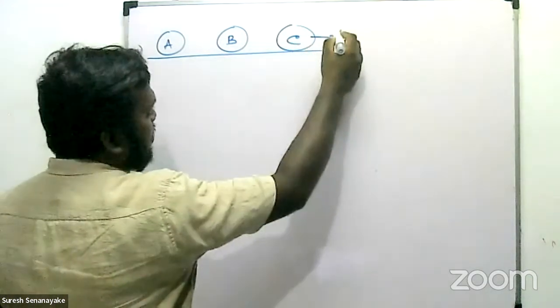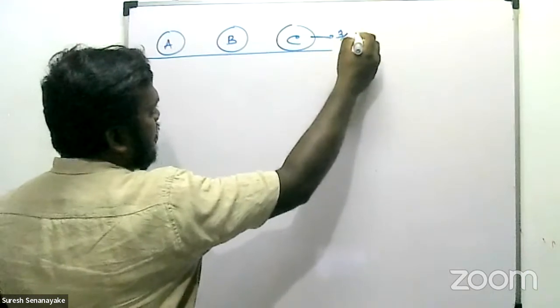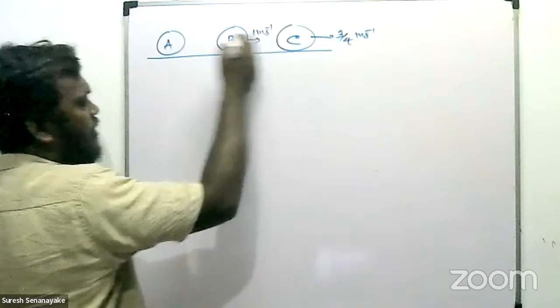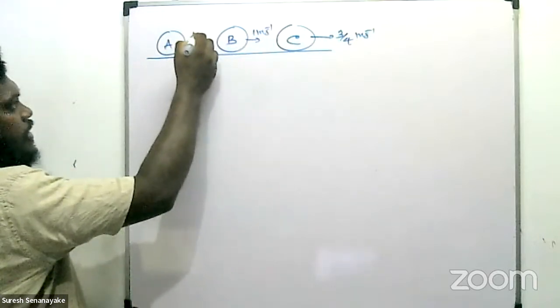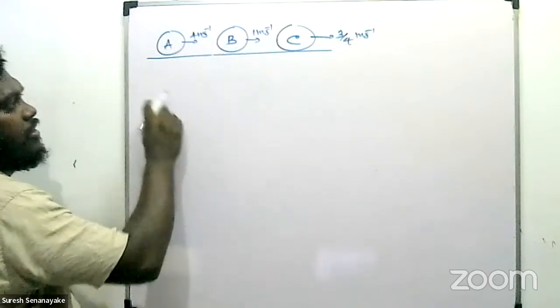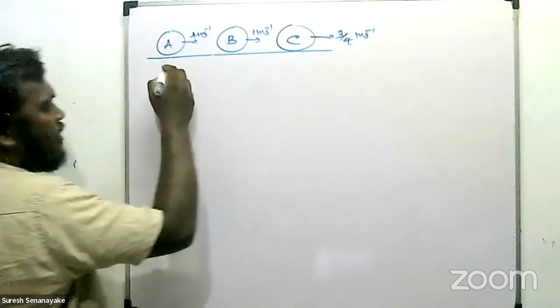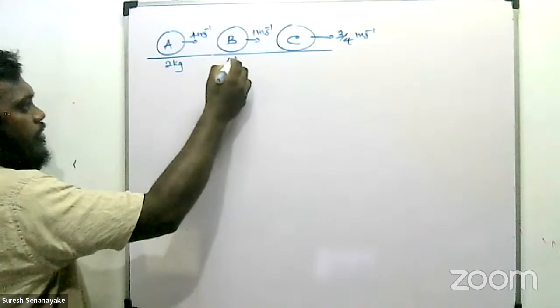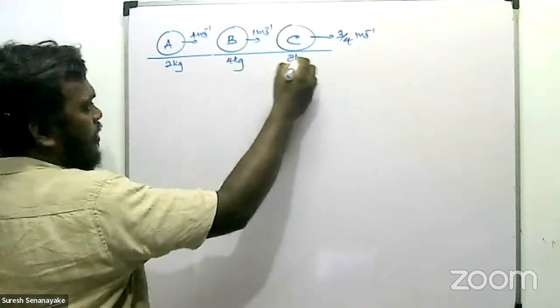So this is moving at 3/4, this is moving at 1 meter per second, this is moving at 4 meters per second. They are moving like this. The masses are given as 2 kg, 4 kg, 8 kg.